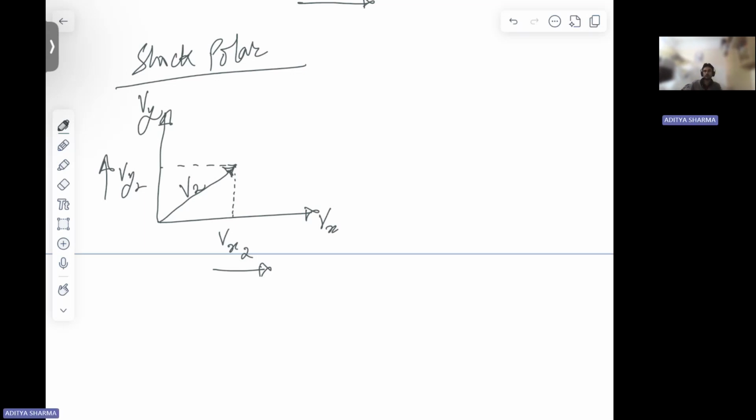So you have flow here, and then there's some theta deflection.